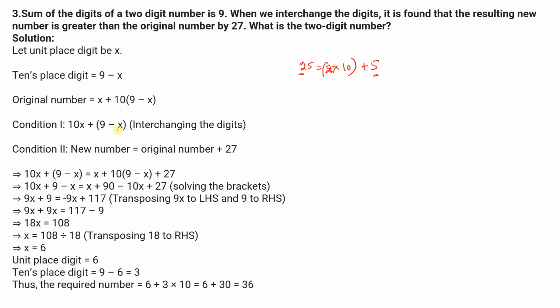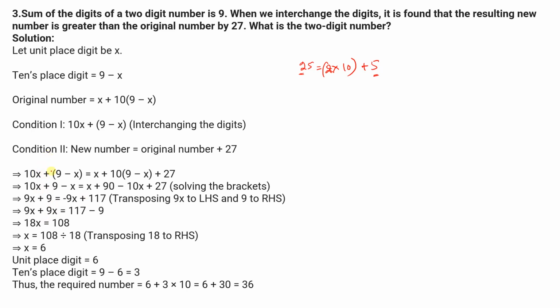When the digits are interchanged, they have given one condition. It is found that the resulting new number, obviously when we interchange the digits we get a new number, exceeds the original number by 27. It is greater than the original number by 27. That means you have to add 27 to the original number.